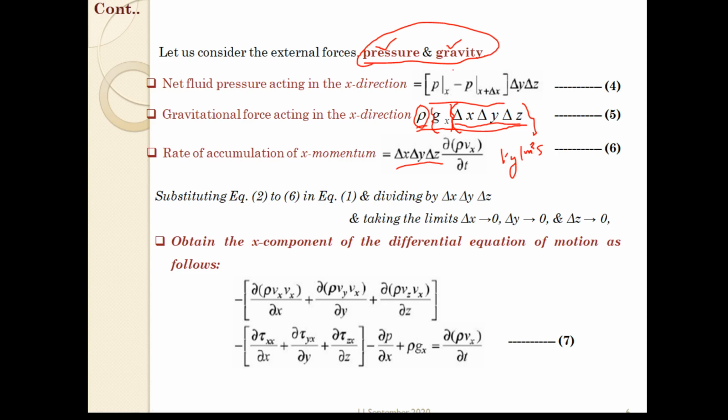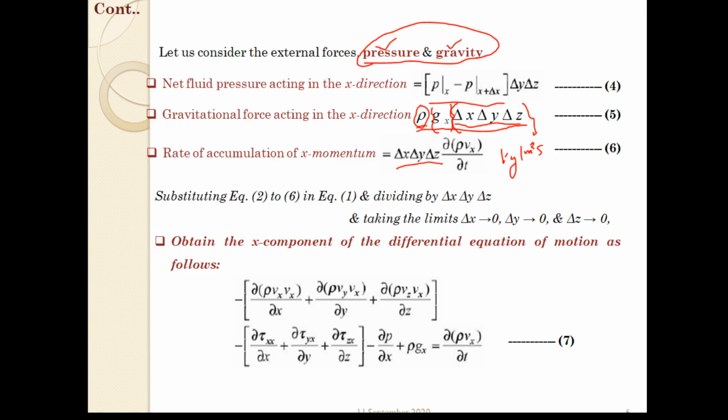According to the equation we have written, the rate of momentum accumulation equals the rate of momentum coming in minus the rate of momentum going out plus the summation of forces acting on it. The momentum in and out each have a convective and a conductive term, and the forces are the pressure force and the gravity force. The rate of accumulation is del x del y del z multiplied by del rho vx del t.